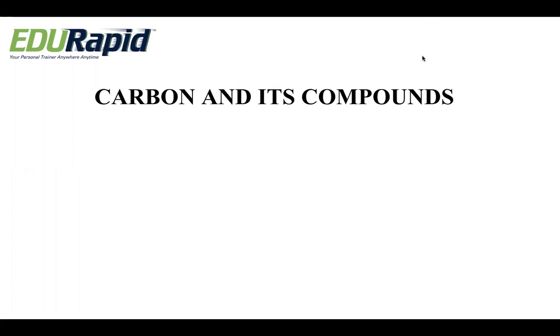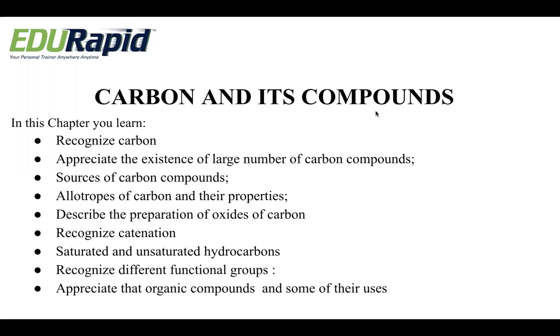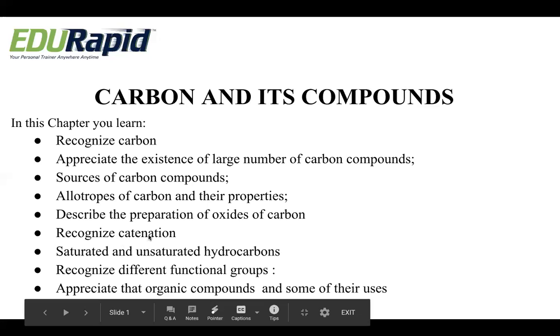In this chapter, you are going to learn about: recognize carbon, appreciate the existence of a large number of carbon compounds, sources of carbon compounds, allotropes of carbon and their properties, describe the preparation of oxides of carbon, recognize catenation, saturated and unsaturated hydrocarbons, recognize different functional groups.